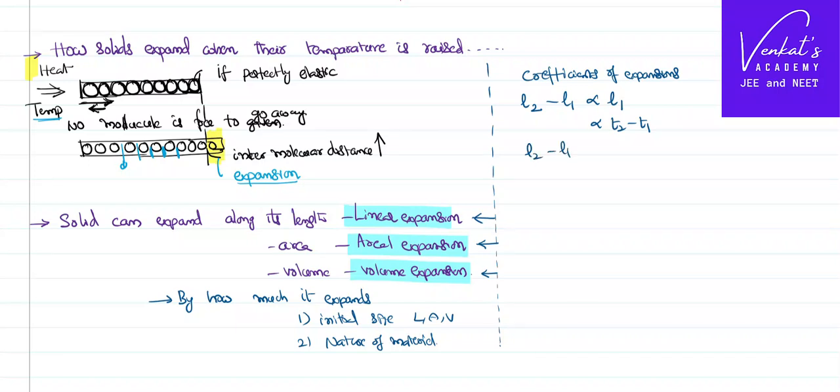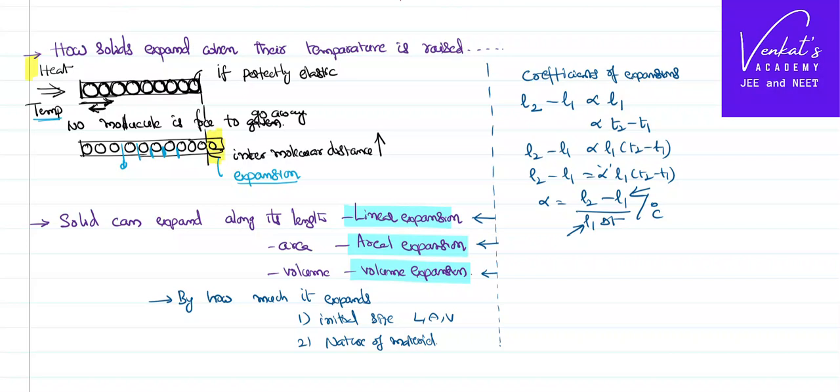If you combine these two, that proportionality can be replaced with a constant alpha, called the coefficient of linear expansion. So alpha is defined as (L2 minus L1) by L1 times change in temperature. Its unit is per degree centigrade, because the increase in length and the length have the same units and get cancelled. So alpha is a measure of expansion of a wire or material along its length. The higher the alpha, the more it expands, and vice versa.